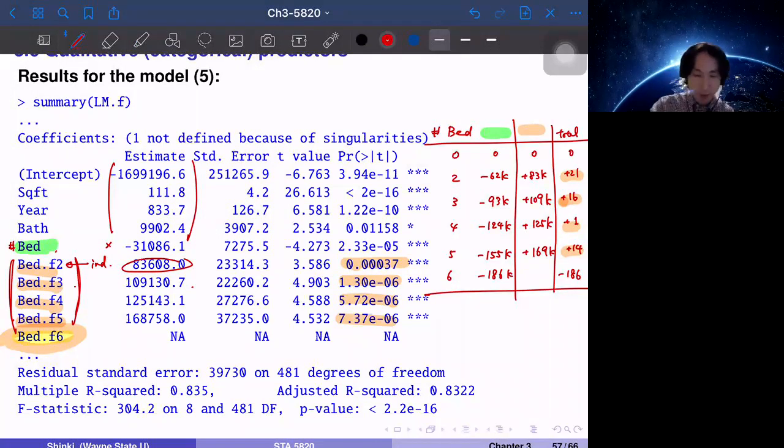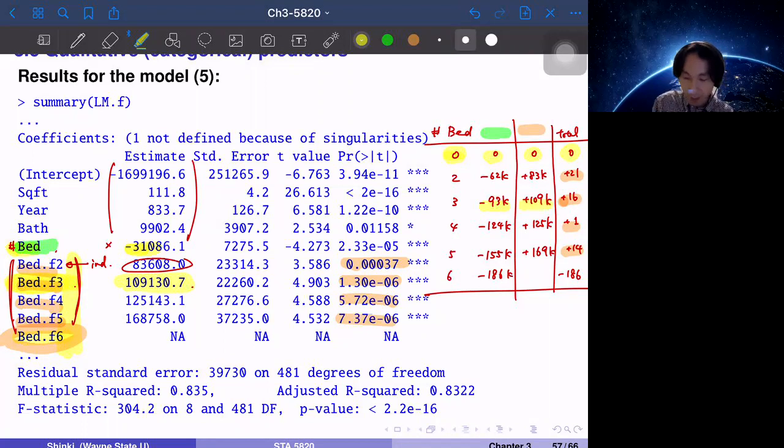Okay, so for 0 bedrooms, we multiply 0 with negative 31, that is 0. Then we don't have any indicator variable for 0 bedrooms, so we do nothing. So the total is 0. If it's 3 bedrooms, then the number of bedrooms is 3. So 3 times negative 31, so negative 93. And if the house has exactly 3 bedrooms, we have to adjust by positive 109,000.